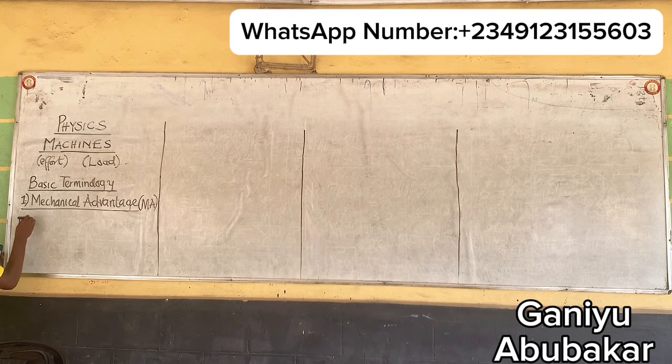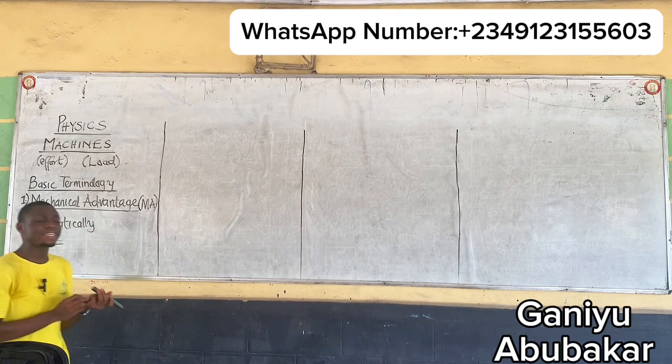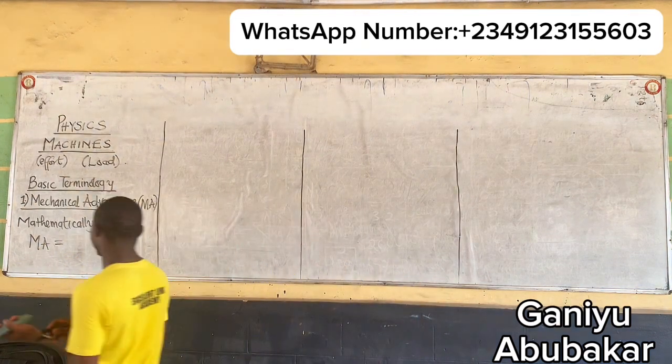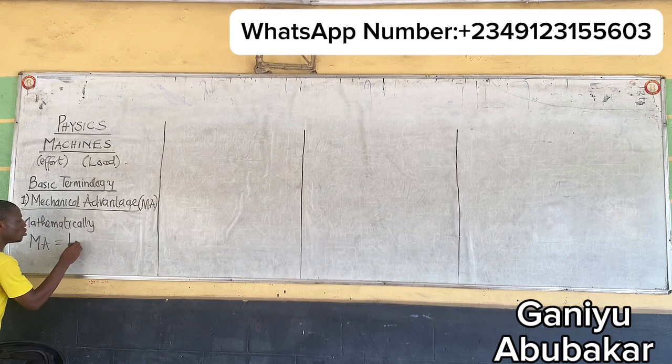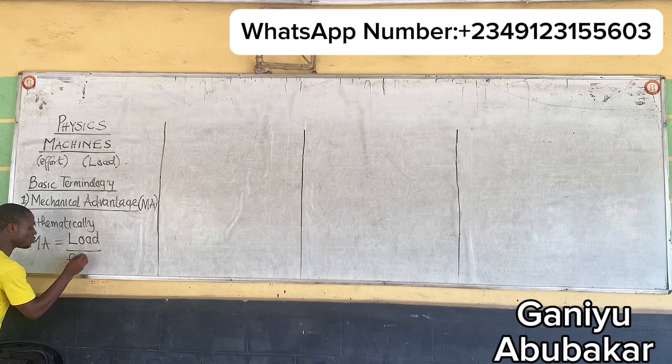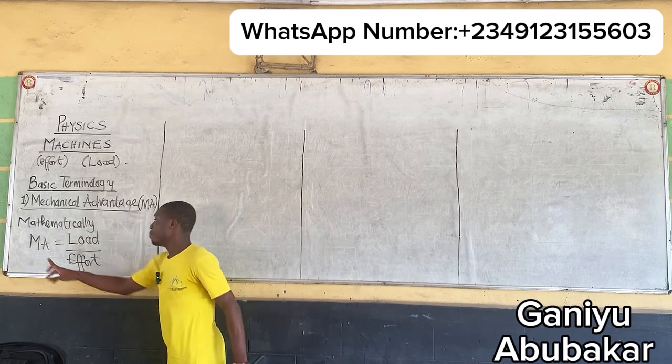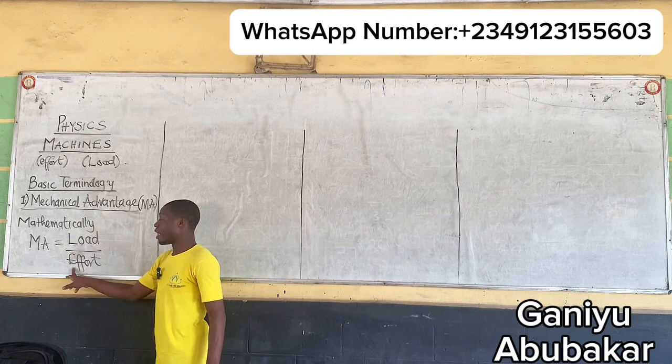So MA, mathematically, I'm saying that mechanical advantage MA is equal to the ratio of the load to the effort, that is, load all over effort. This becomes the formula for calculating mechanical advantage: load over effort.